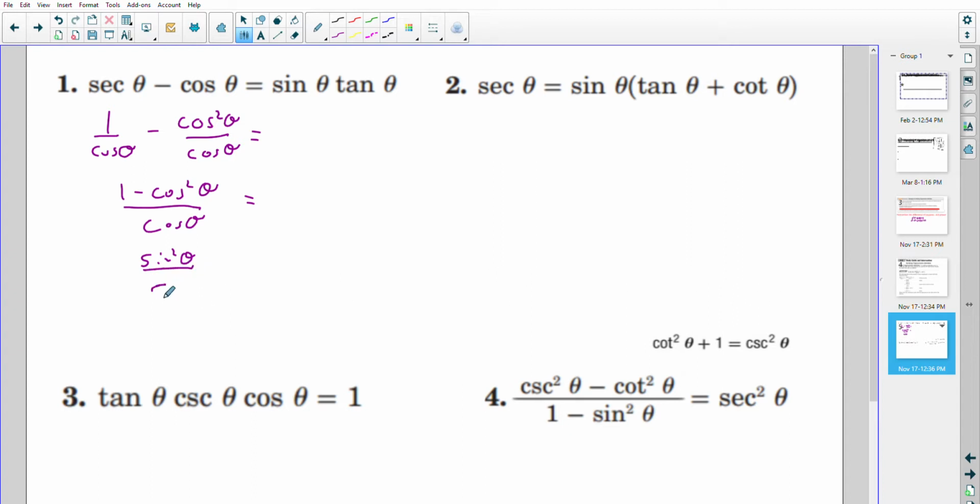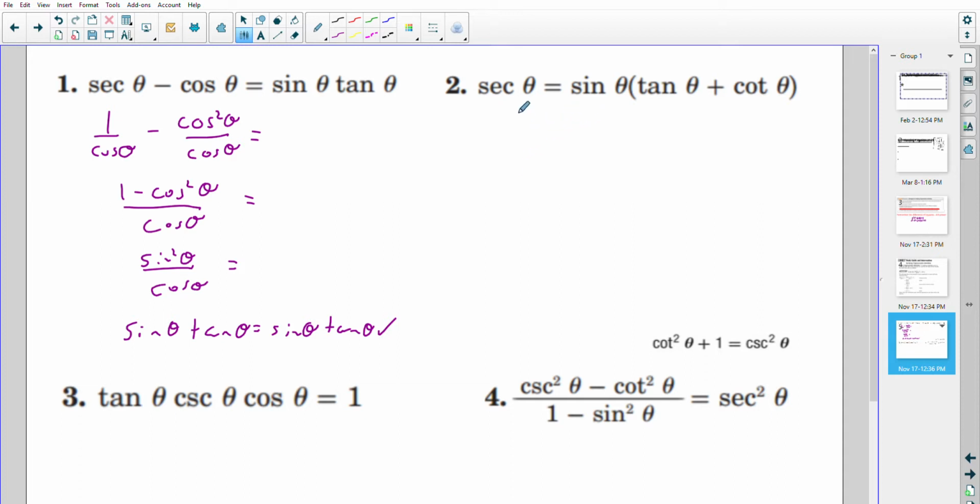And so that is going to be over the cosine theta. And now I'm looking at this side, so I know that sine theta has to exist. And now you're left with the sine theta over cosine theta, which is your tangent theta. And once you get to the end and it matches, then you rewrite it, and that's the proof of showing, verifying the trig identity.